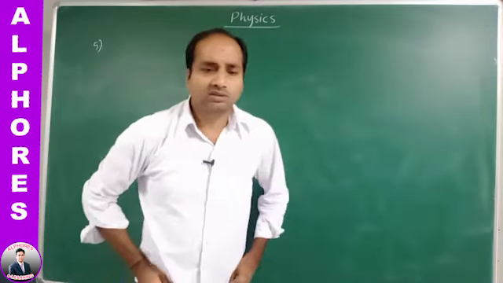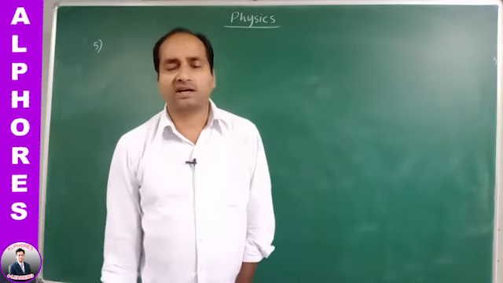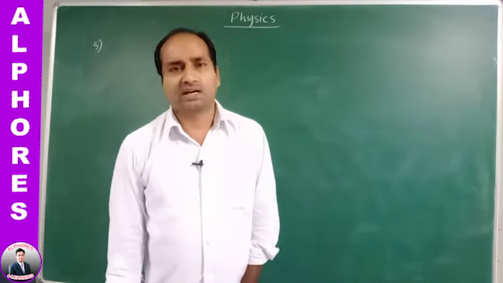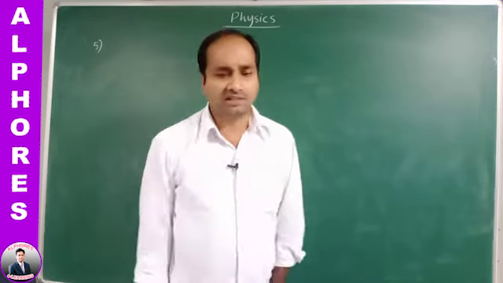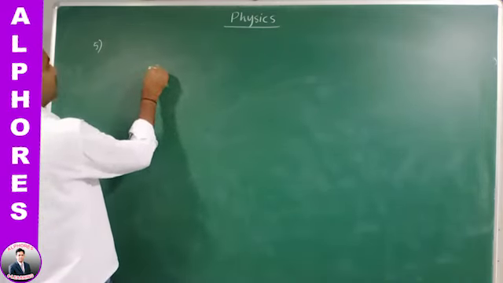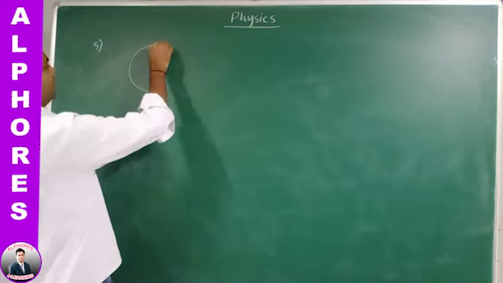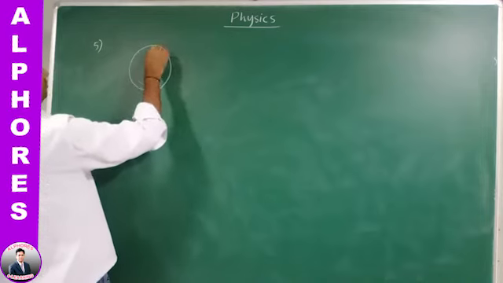So next, the problem may be asked like this. A charge Q is enclosed by a Gaussian surface of radius R. Let us take this is a charge Q, enclosed by a Gaussian surface of radius R, which indirectly means it is a sphere.